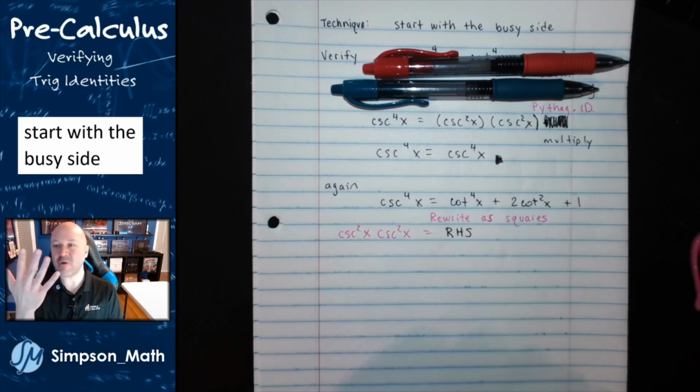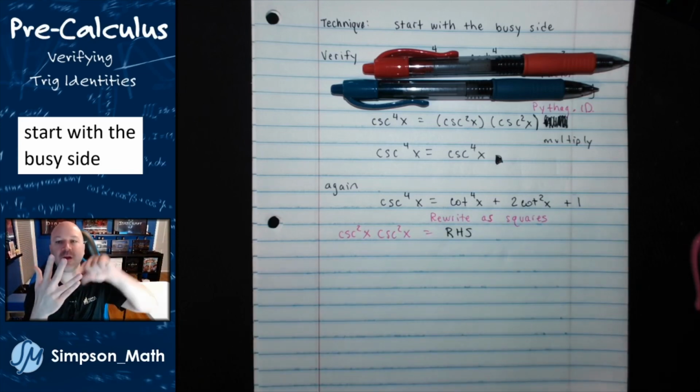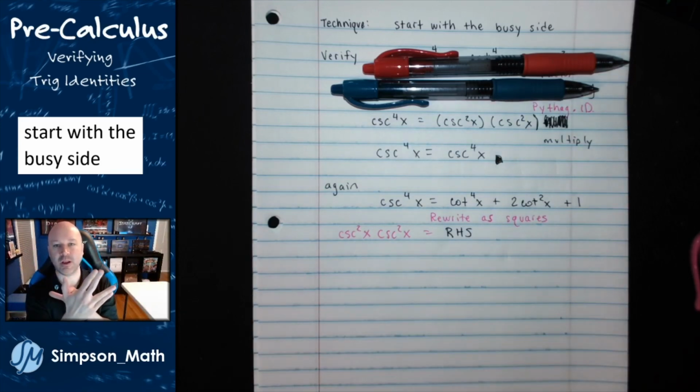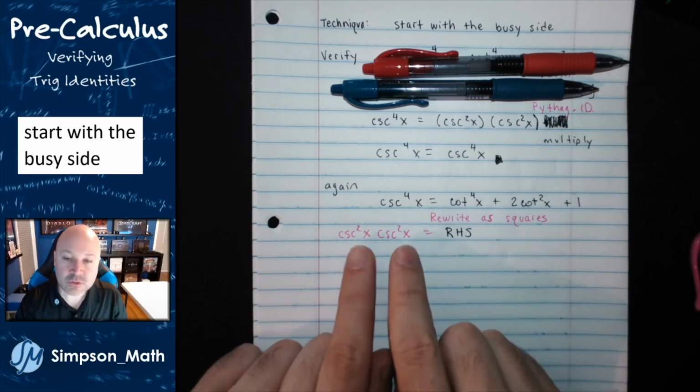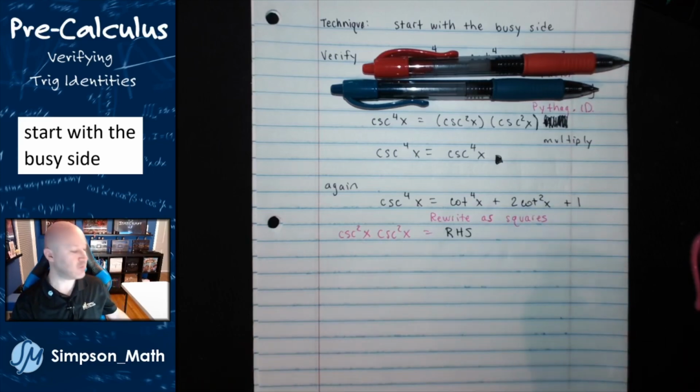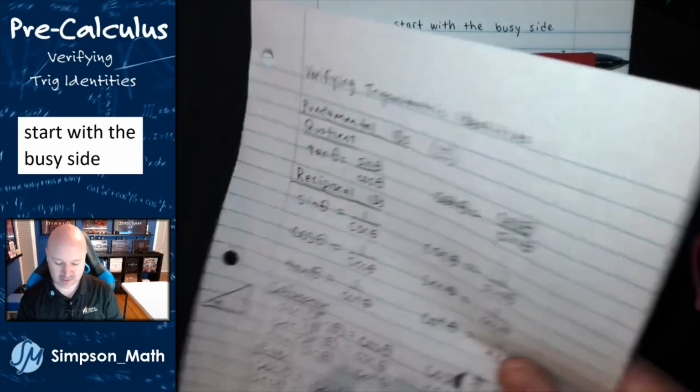So if I had a 5th power, I could write that as a square times a 1. So like a sine to the 5th could be sine squared times sine sine. Just taking those higher orders and busting them up into squares, because squares work so nicely with our identities.